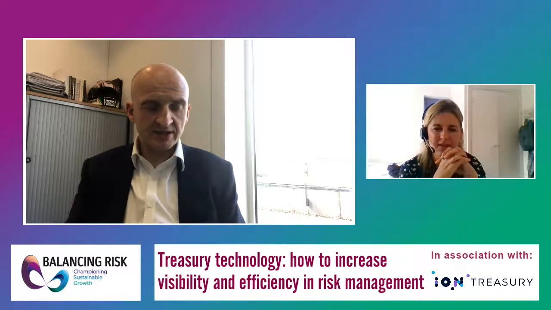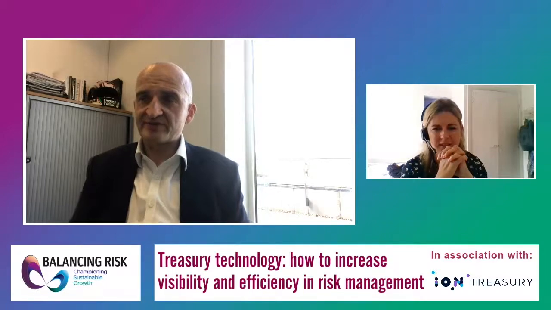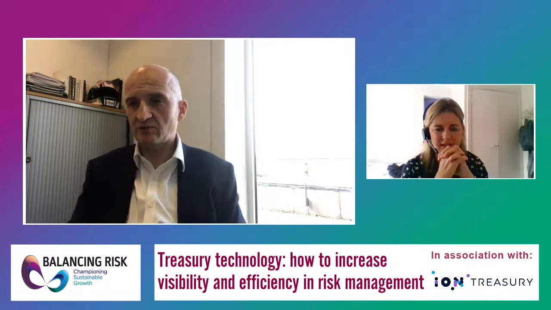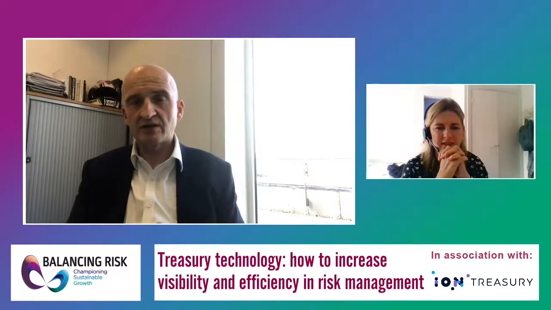I think also one has to recognize that it depends on your risk management objective as well. If your objective is to minimize earnings volatility, and that's certainly one of our objectives with regards to managing risk, then you've got to look at it over the long term.